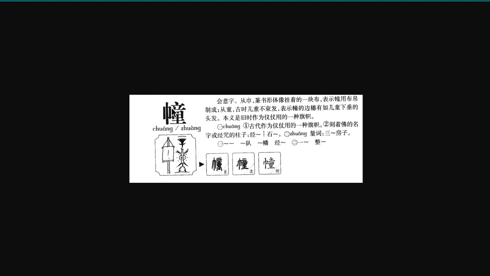This one goes with the Jing radical. Now Jing means tower, like a hand tower, or like yu jing, which means bath tower. And the right hand side is tong. Now tong means children. In ancient China, children didn't tie up their hair.